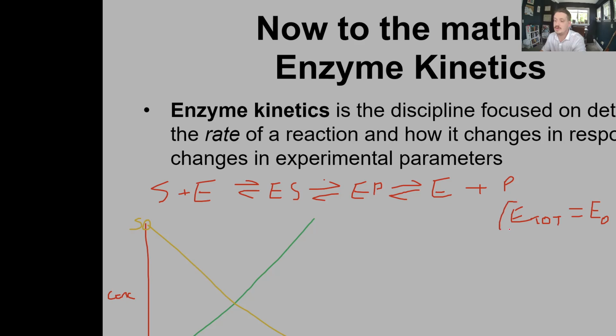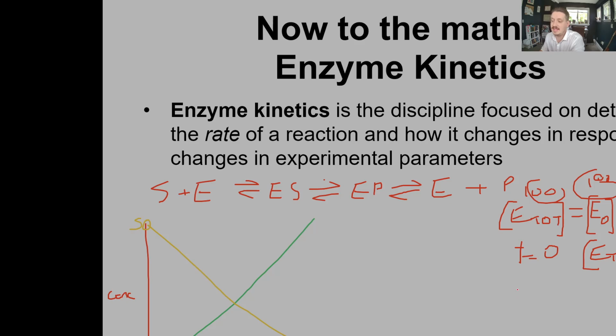So the concentration of E total is going to be equal to the concentration of the empty enzyme plus the bound enzyme. At time point t equals 0, E total is equal to E0, because this is going to be 100, this is going to be 0, so 100 and 100 are the same number.